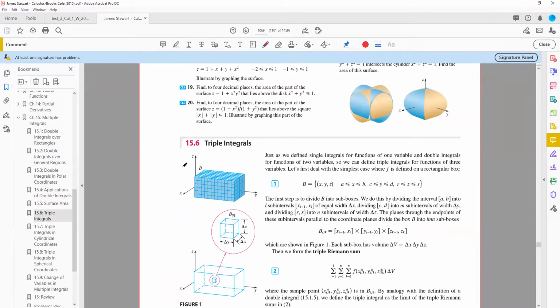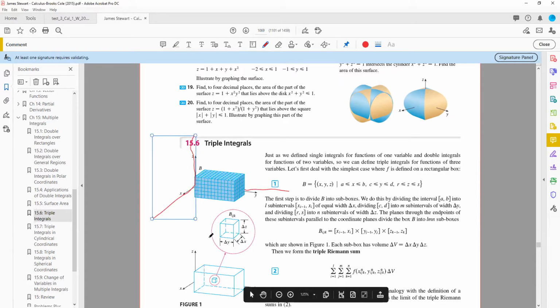So now the function depends on the z, the x, and the y values. So I'm integrating above this region right here. It's three-dimensional. So I divide the interval x, a to b, into n subintervals.